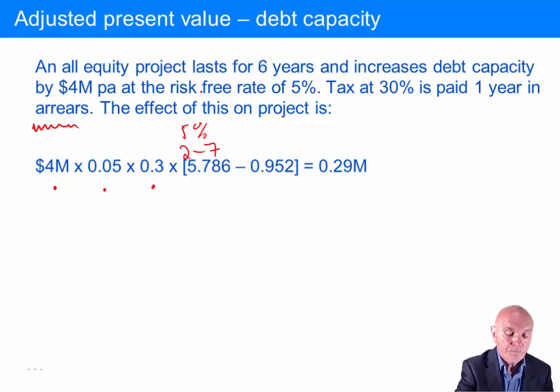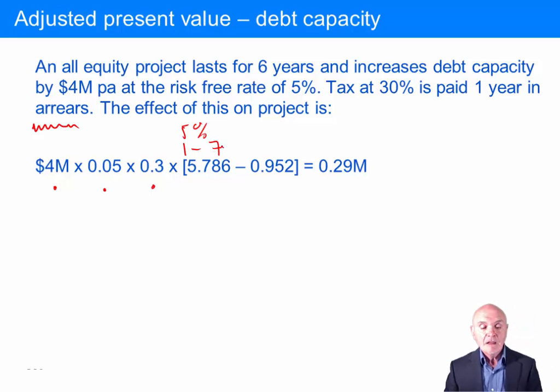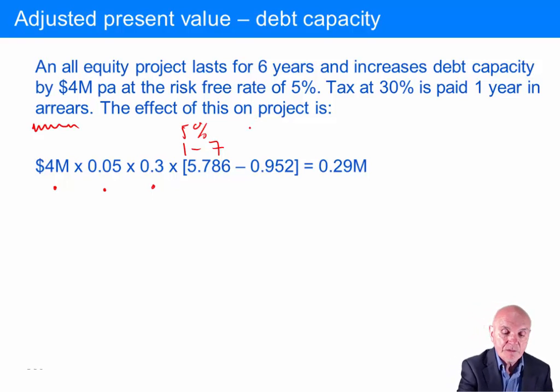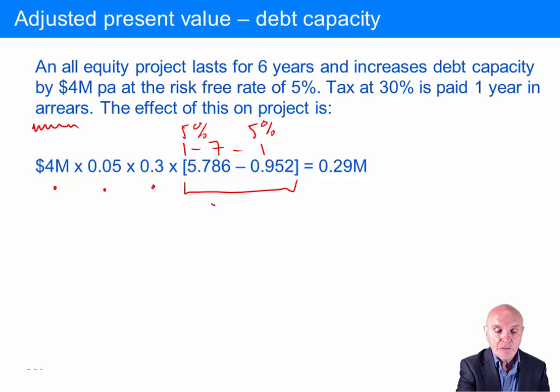I beg your pardon, the 5%, 1 to 7, because your annuity tables only go from 1. So this is your 1 to 7. And then you subtract from this the 5% single year 1 factor. You subtract that out, and that leaves you with the 2 to 7 5% factor.